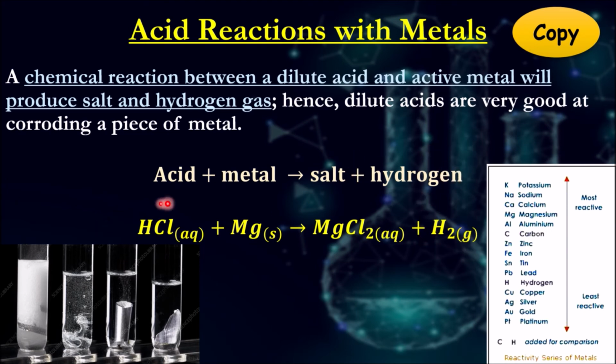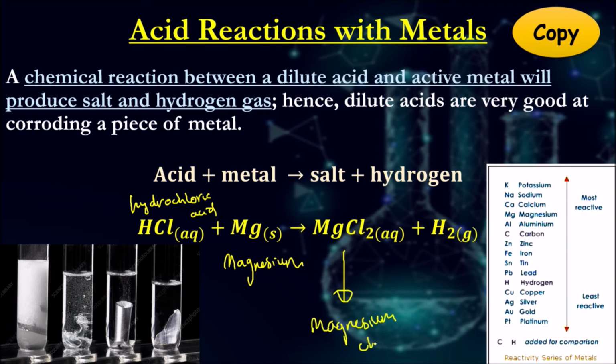So the example we use here is hydrochloric acid reacts with magnesium, which is a very reactive metal, and that forms magnesium chloride, and then we get hydrogen gas forming here.